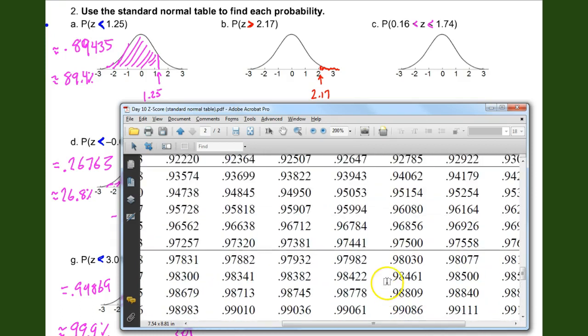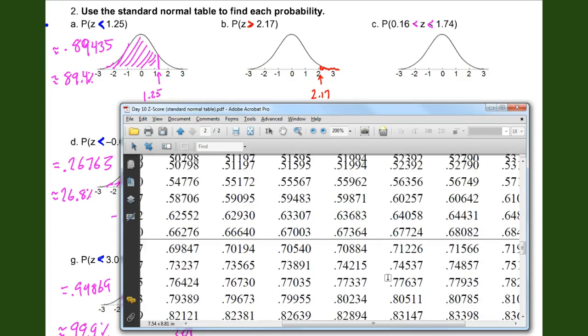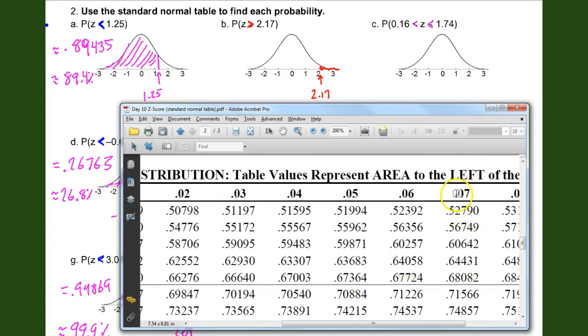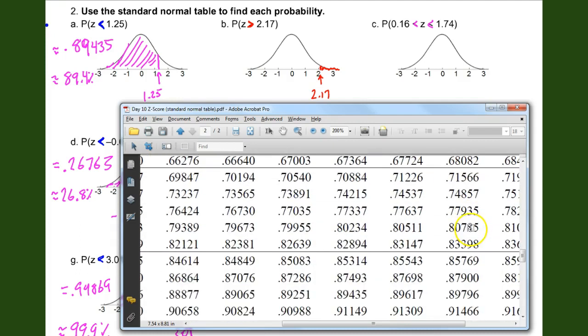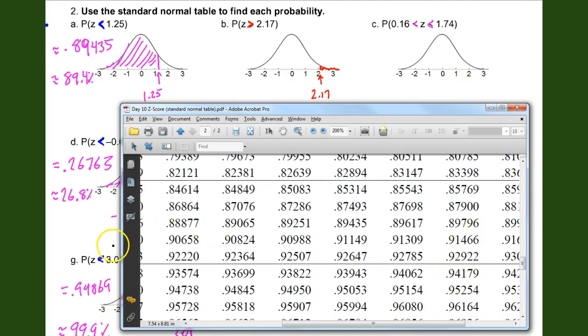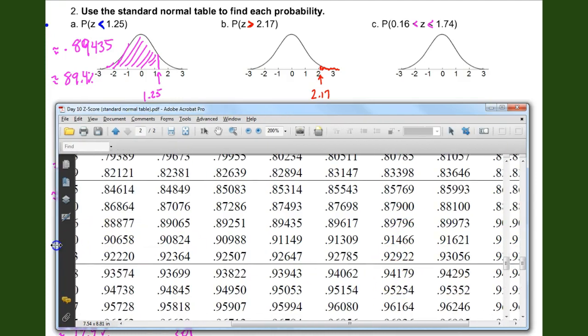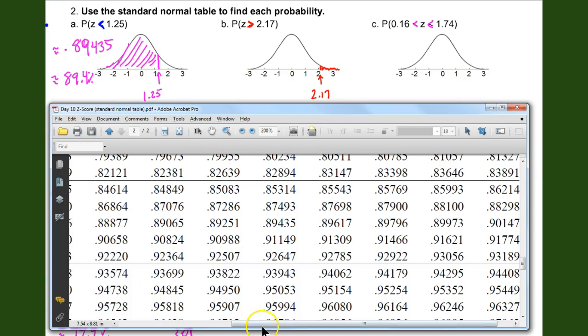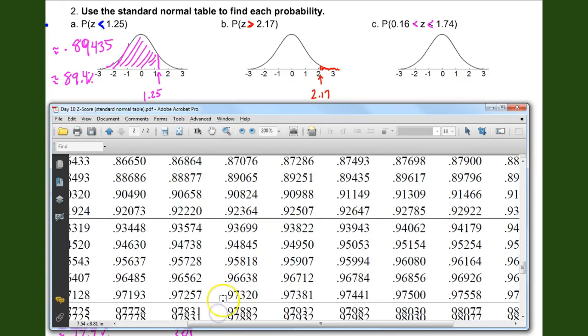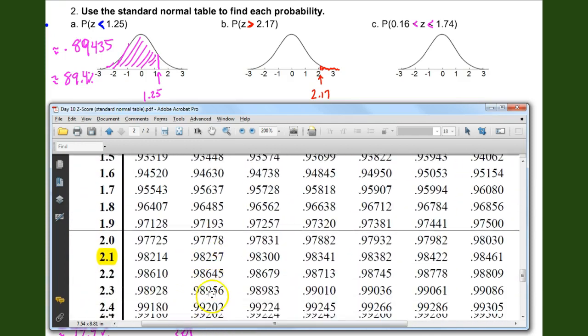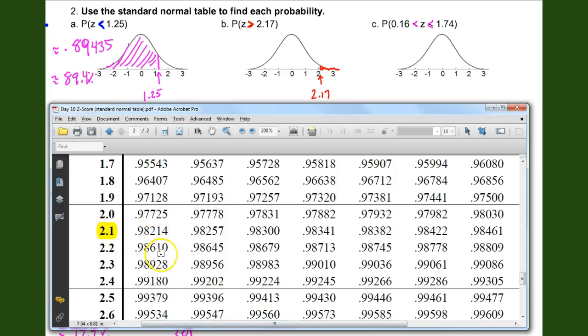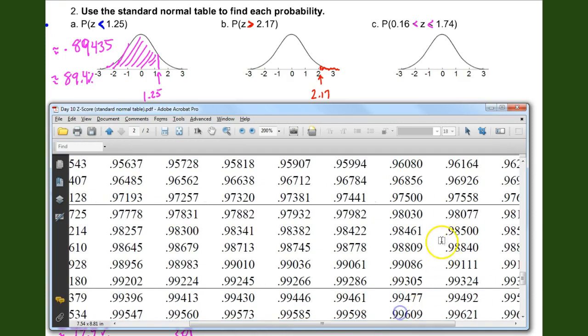So you have to be careful here. Okay, here is 0.07. 0, 1, 2, 3, 4, 5, 6, 7.